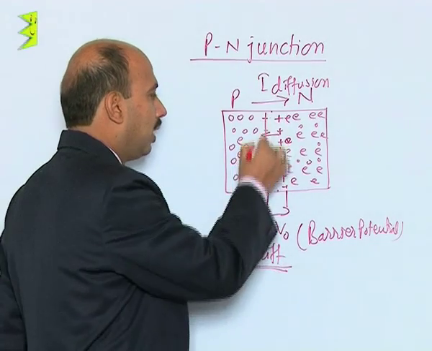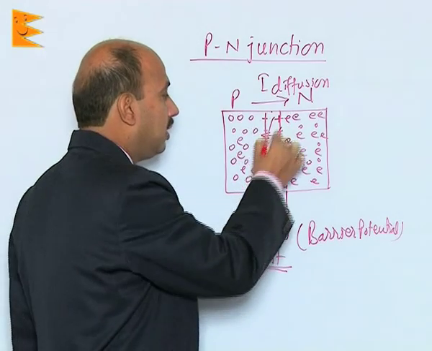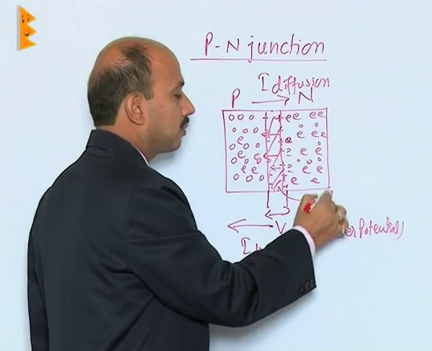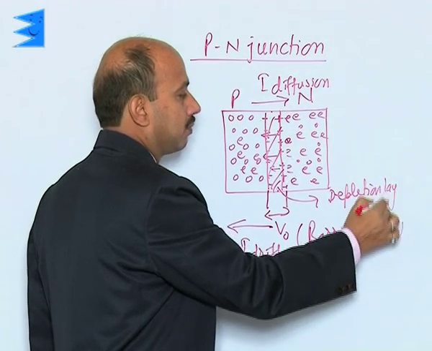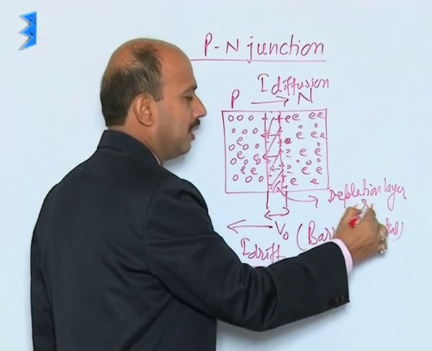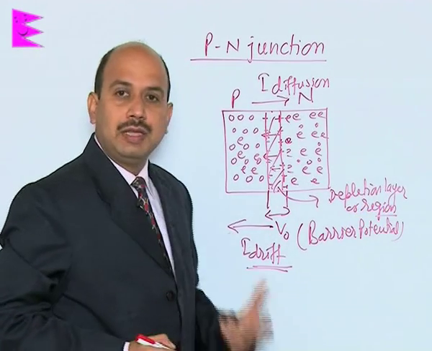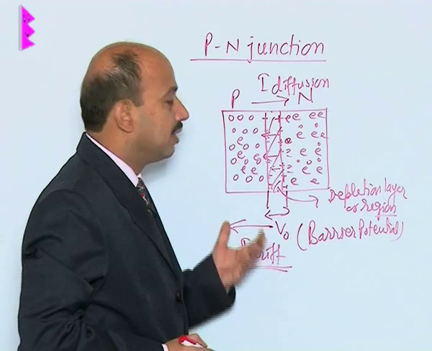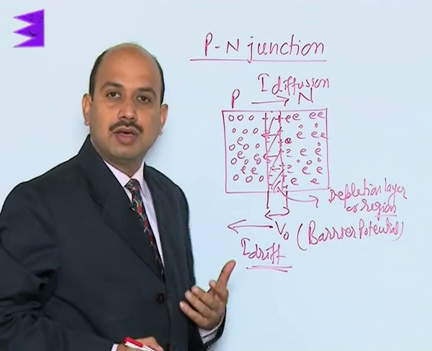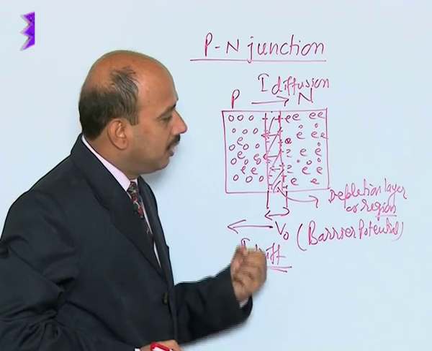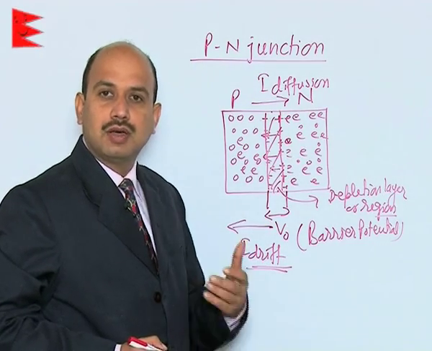This region at the junction, where charges are immobile, is known as the depletion region, or depletion layer. The larger the width of the depletion region, the larger the resistance of the diode, and the smaller the width, the smaller the resistance. So the width of the depletion layer defines the resistance of the diode.